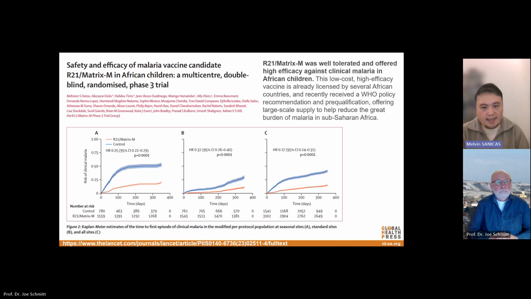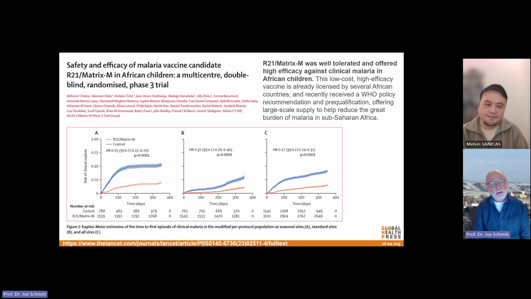The study showed that the vaccine has a good safety profile, it's well tolerated, and one of the most important things about this is that it costs only $2 to $4 per dose, as per the recommendation of the WHO. So this is really good news for countries where malaria is a big problem, in sub-Saharan Africa and in Asia. This is really excellent news, and the efficacy is much higher than that of the previous vaccine.